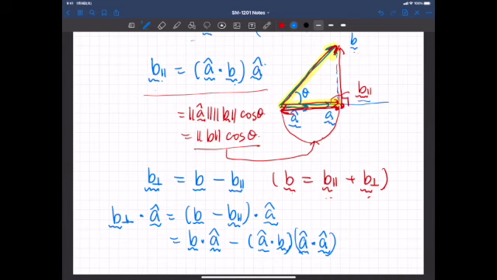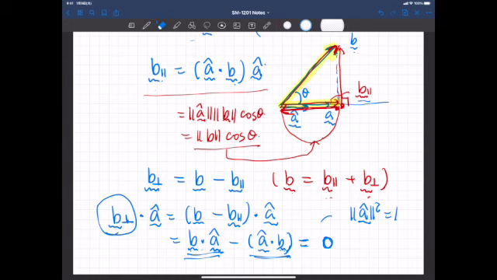This part is equal to the modulus of a hat squared, which is 1, so this disappears. So we have a hat dot B and B dot a hat. Of course, the scalar product is commutative, so this is 0. Therefore, this vector B perpendicular and a hat are perpendicular to each other.